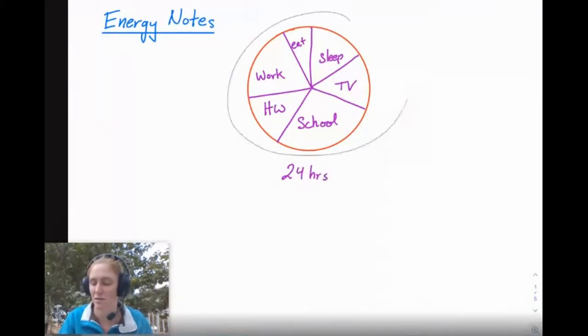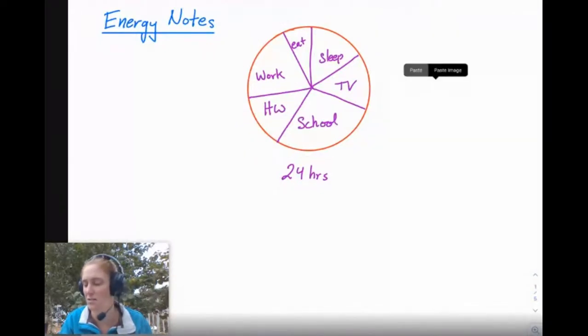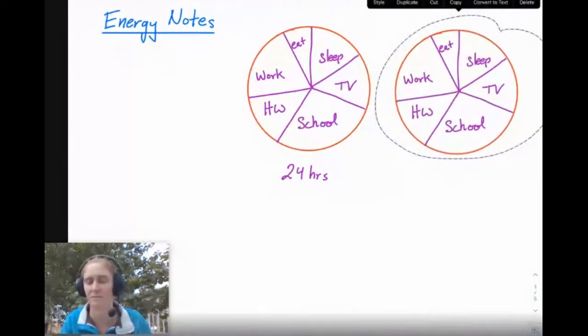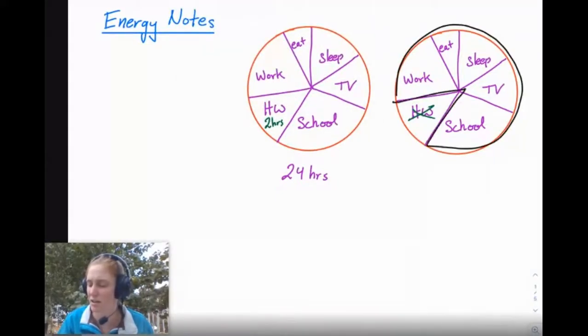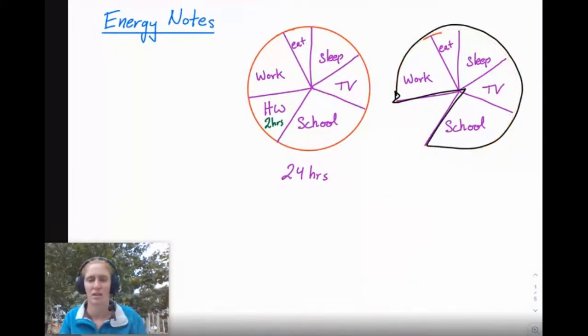So if I decide that I do not want to do any homework today, and let's say that I usually spend 2 hours doing homework here, and I don't want to do homework, then I'm going to have my day like this, and I'm just going to get rid of homework. Does that mean that I have 22 hours left in the day then? No, I do not now magically have 22 hours left in the day.